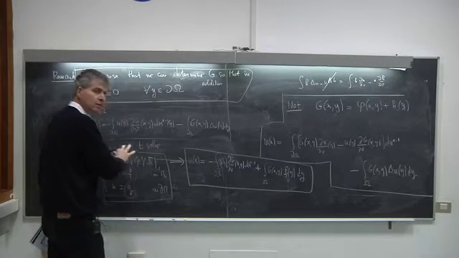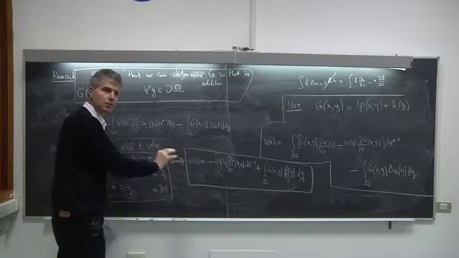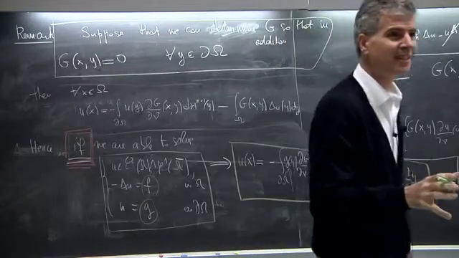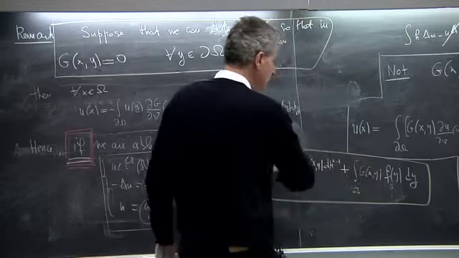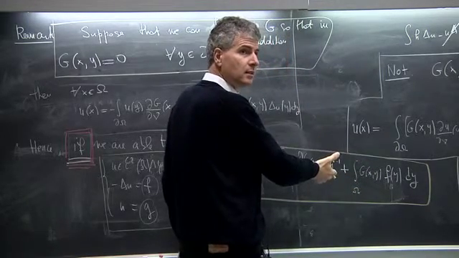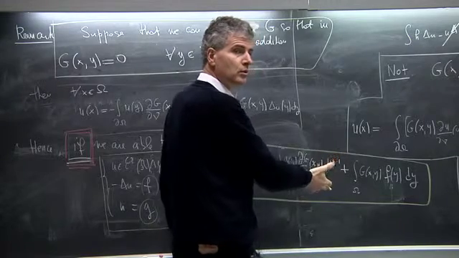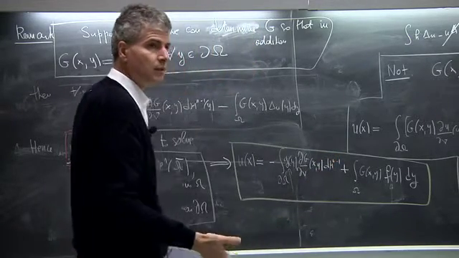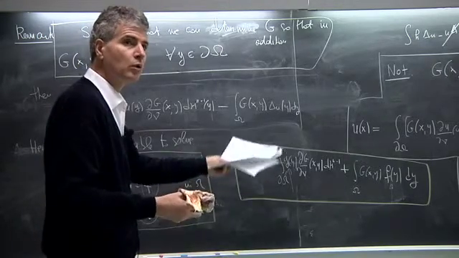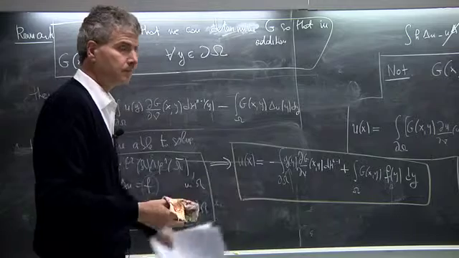This is not an existence theorem, it's just a representation, but it suggests how to prove existence. Because then you assume that you have G, then you try to prove that this actually is a solution. And indeed, this is what we do usually. This also suggests how to prove existence.